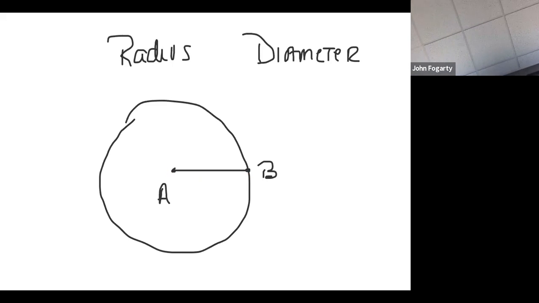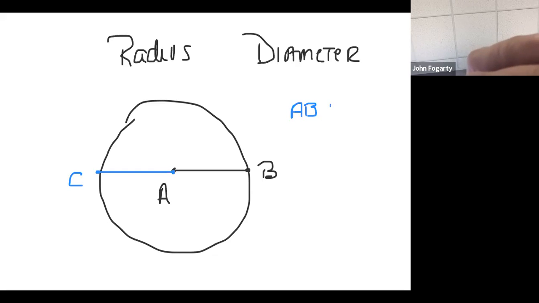Well, how about I go like this? I draw this line segment. Now, these 2 line segments, AB is congruent to AC. How come they're congruent? Because they're both radii of the same circle. But what do I get if I put them together?